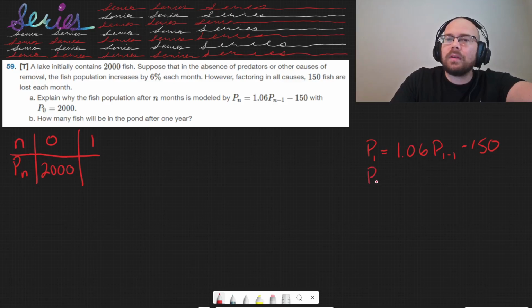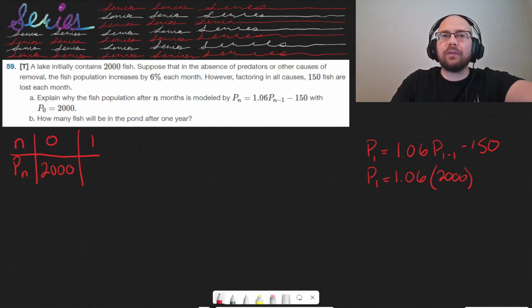Right, so then p sub 1 is equal to 1.06 times p sub 0, which we know is 2,000, minus 150. So this would represent what's happening in the first month. We're going to get a 6% increase in a month, but we're going to lose 150 fish. Okay.